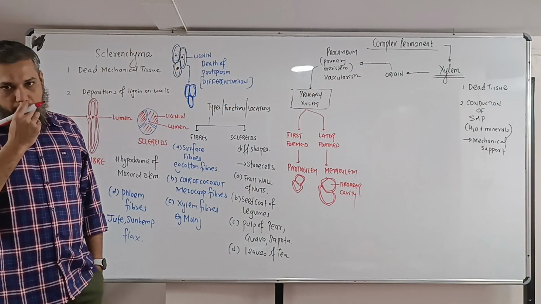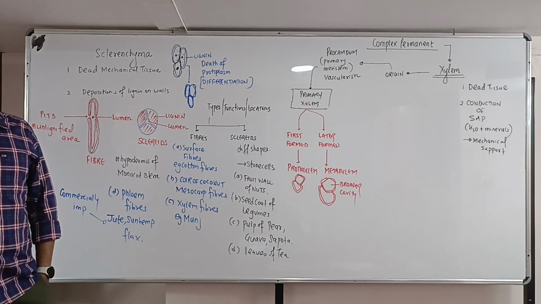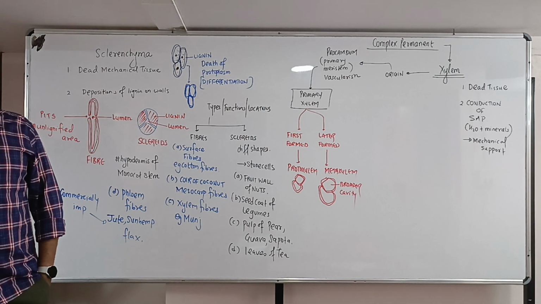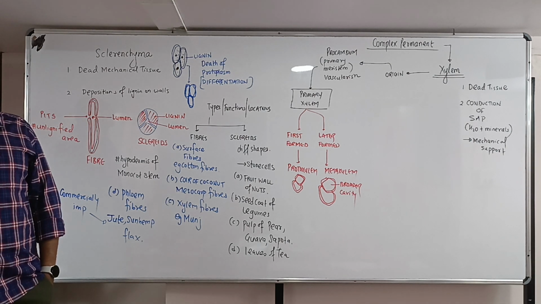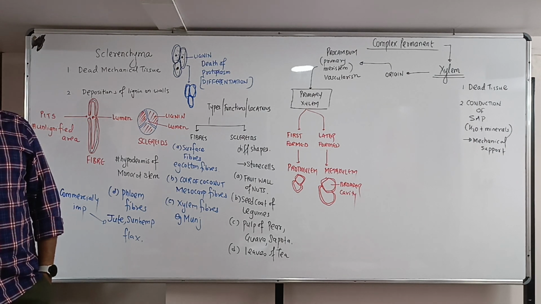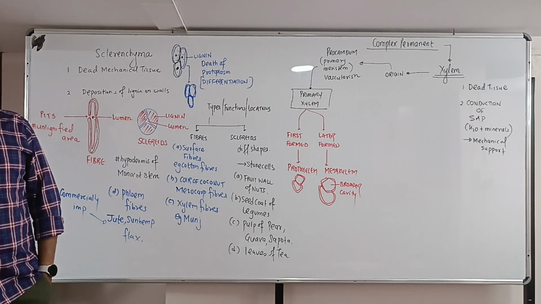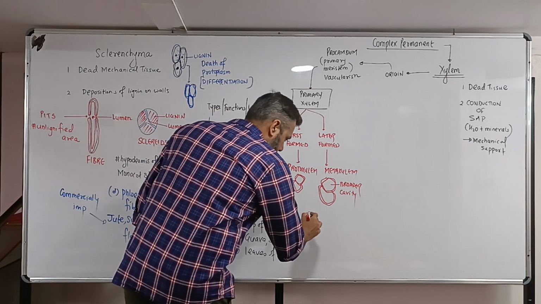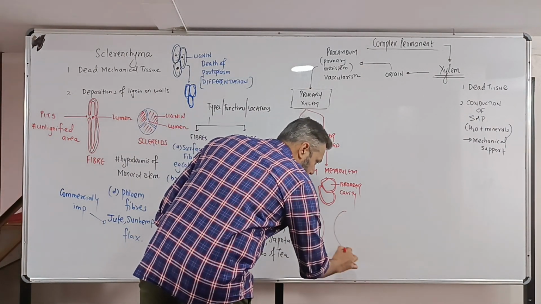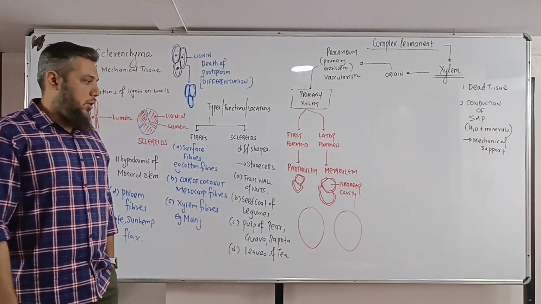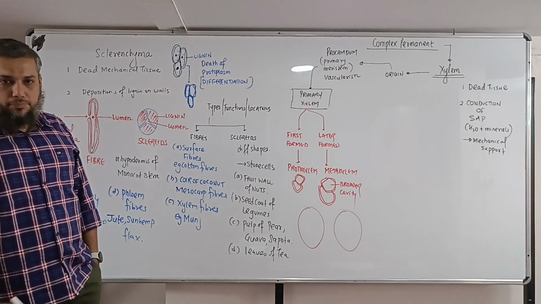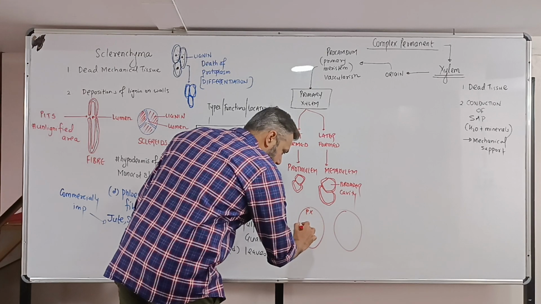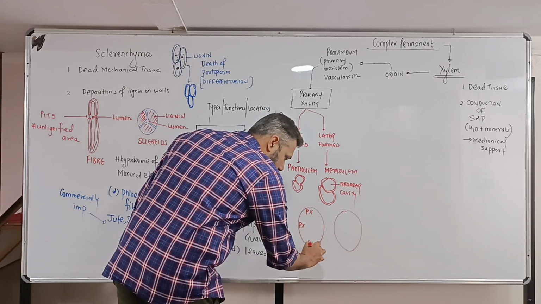Now listen to something very important. Depending upon the location of the protoxylem, there can be two types of primary xylems. If the protoxylem, PX, who is PX? Protoxylem.